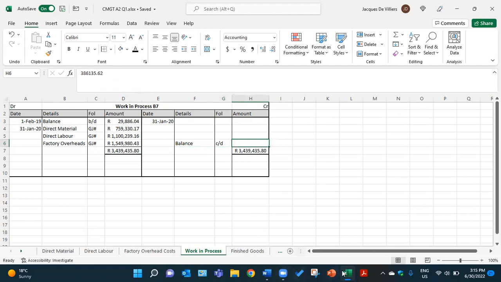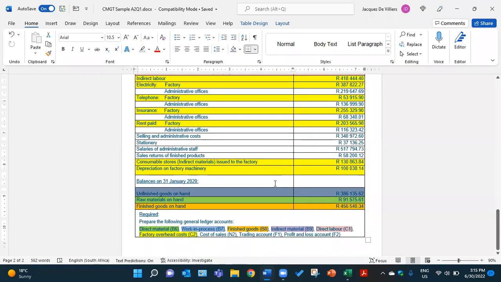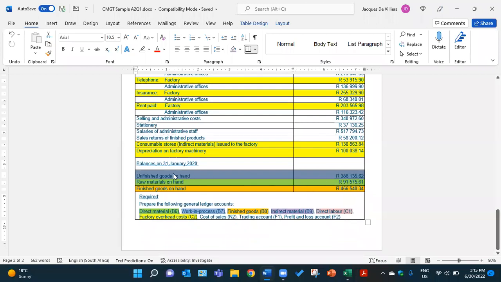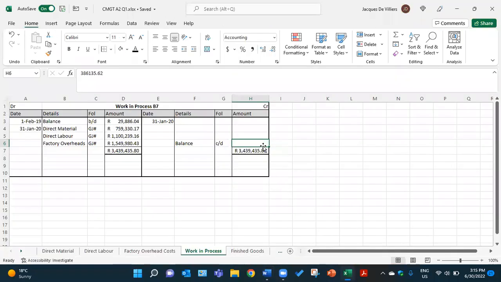If I go and have a look at it again, that closing balance for the unfinished goods on hand for my work in progress, which is the same as the unfinished goods on hand, was 386 something. Okay, so I put that in there, 386 something, and now again I have to balance it.